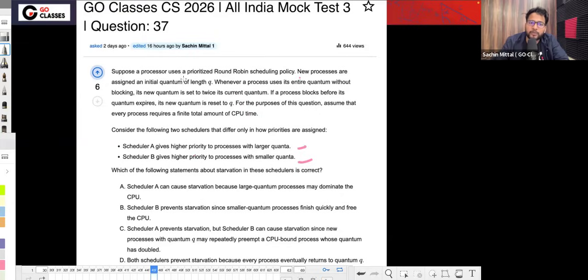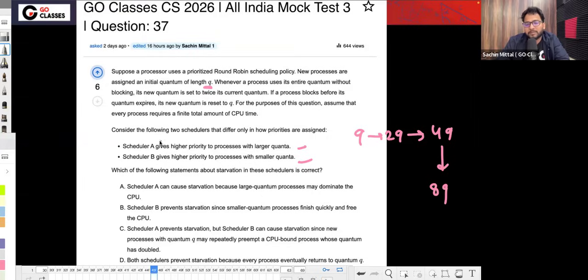So basically they are saying new processes, whenever they come, the initial quanta is Q, but whenever a process uses its entire quanta without blocking, its new quanta is set to twice the current quanta, which means from Q queue it will go to 2Q queue, and then the quanta means the time for which it is running, right? Then it will go to 4Q queue, then 8Q queue, and so on, right?